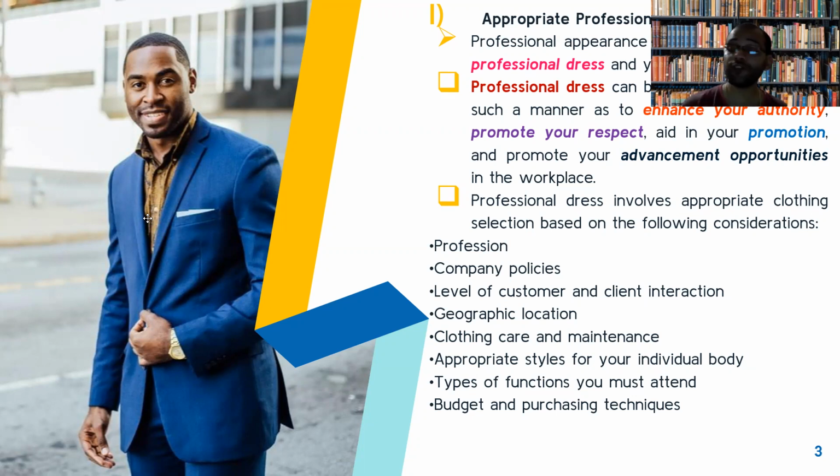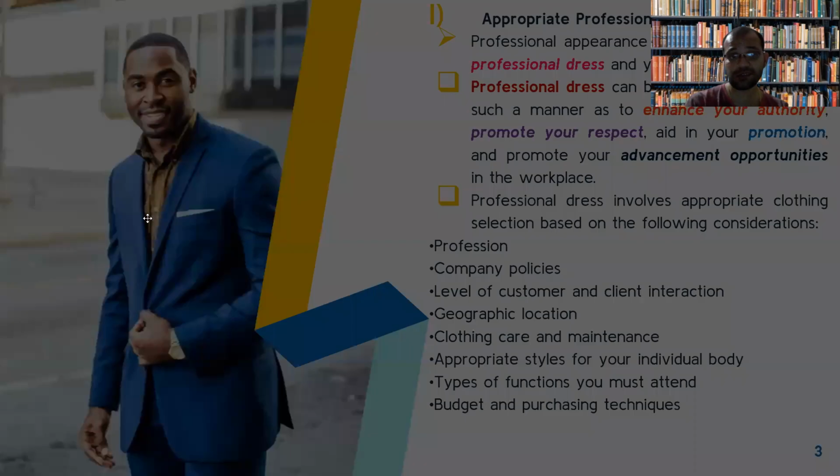For example, how you dress in India is not the same as how you wear your dress in Dubai or in Saudi Arabia. Because in Saudi Arabia, even though you are a Hindu or a Muslim or a Christian or any religion, you have to follow the dress codes that they prefer, that is wearing a parda or any other forms of that. Okay. Now, appropriate styles for your individual body, types of functions you must attend, and budget and the purchasing techniques.